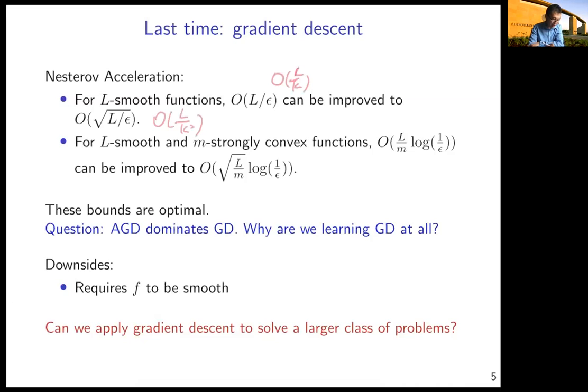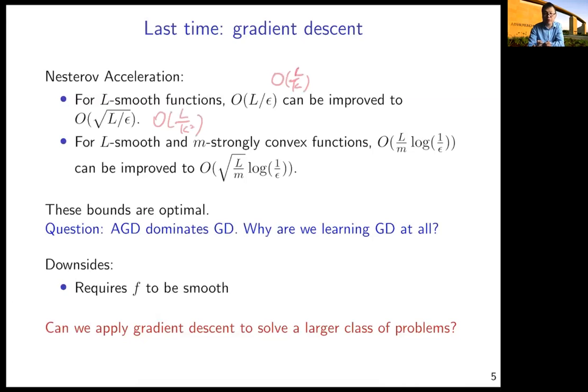So a quick question to you guys, and you can just write your answers in the chat box and I will respond once I see them. Since accelerated gradient descent dominates gradient descent, why are we learning gradient descent at all? Why don't we just directly learn accelerated gradient descent, since that's the algorithm that has a faster rate?